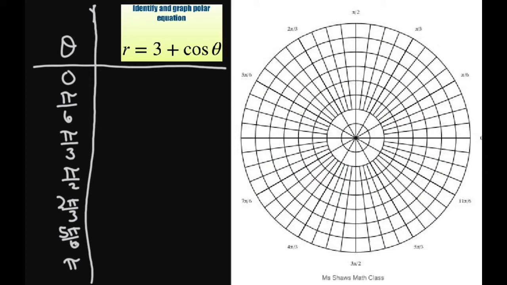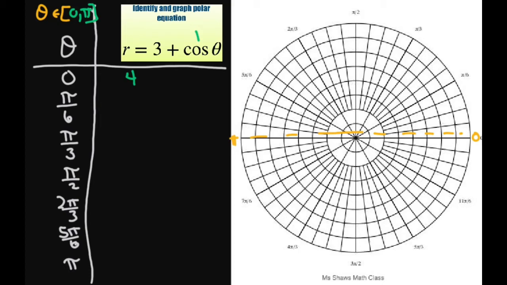All right, so let's go ahead and put some values in and assign our theta. Since it's symmetric with our polar axis, we're going from 0 to pi. And then we're going to draw the other half after we get these values. So at 0, we're going to have 4, because that's going to be 3 plus 1.